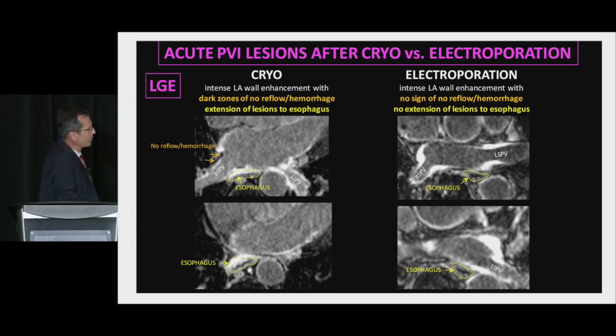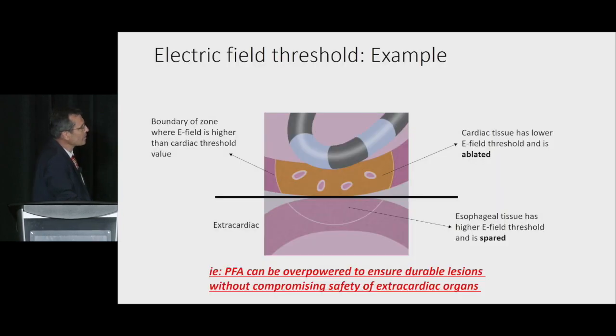And the esophagus here is showing a very significant late gadolinium enhancement. With electroporation, we've never seen that happening. These are interesting patterns that confirm the theory that, yes, you can fine-tune your delivery so that you will only impact cardiomyocytes. And so this is showing you a schematic of a catheter in contact with the myocardium.